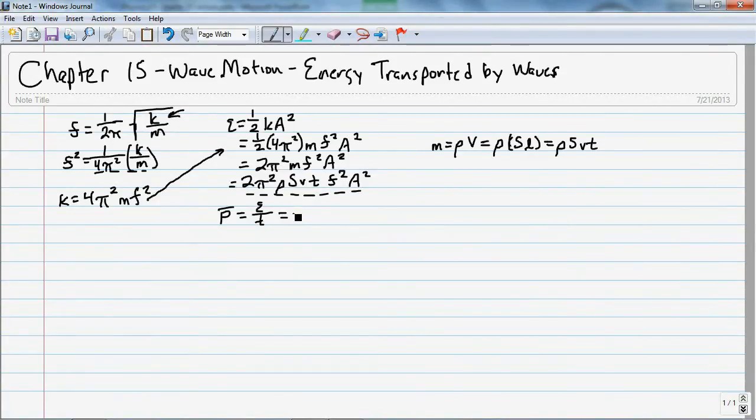So the power is 2 pi squared density times cross-sectional area times the velocity times frequency squared times amplitude squared.